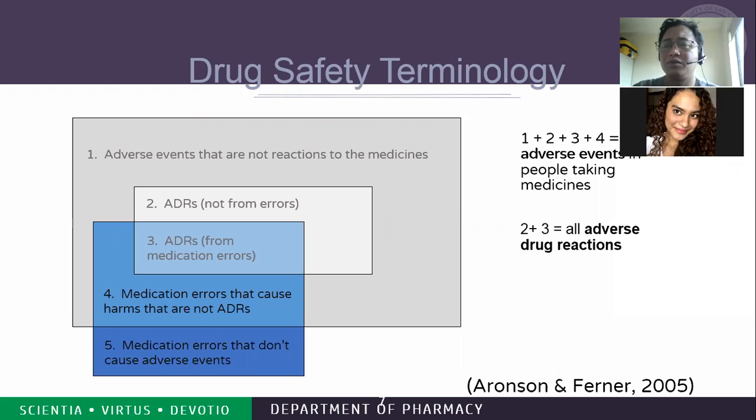We tried to use so many medicines that do not have a particular approval to treat COVID conditions. So we need to be aware of the adverse reactions. And medication errors: some medication errors can be part of an adverse event, and some are not.